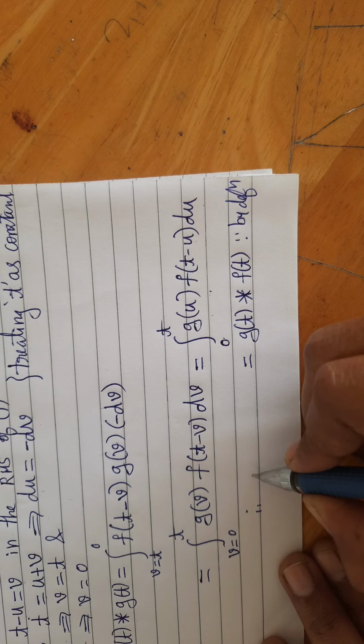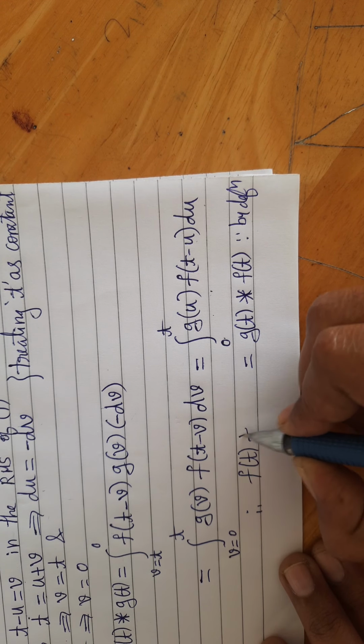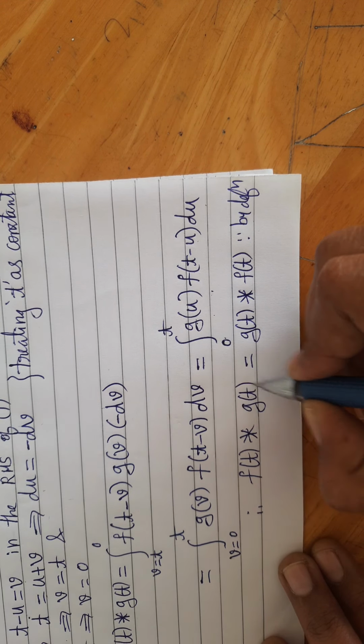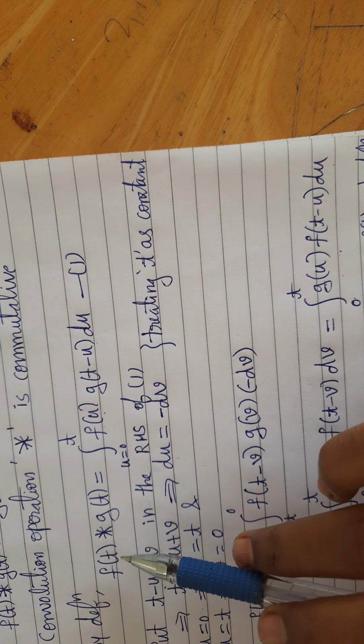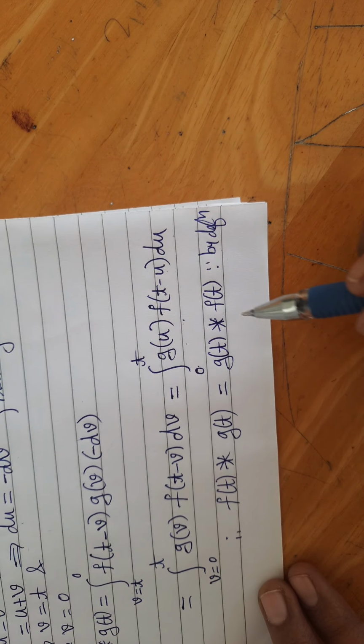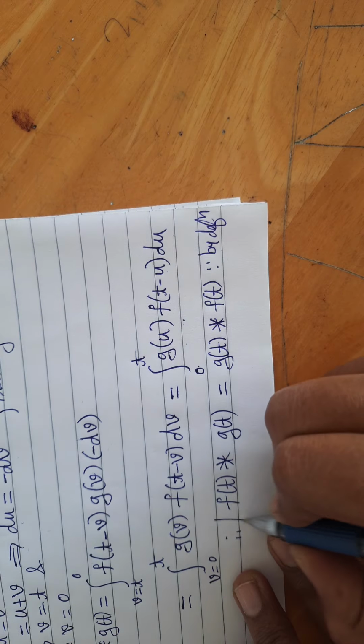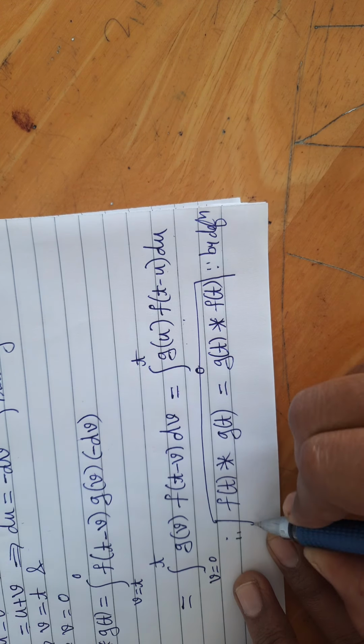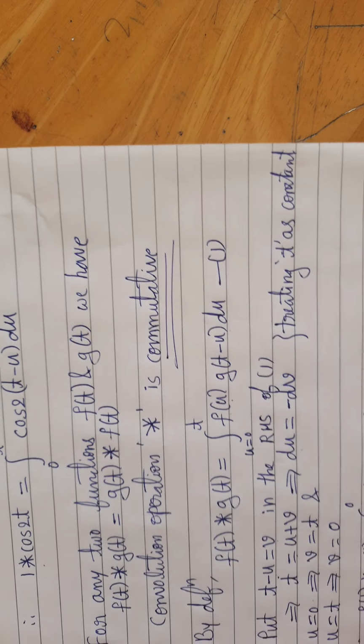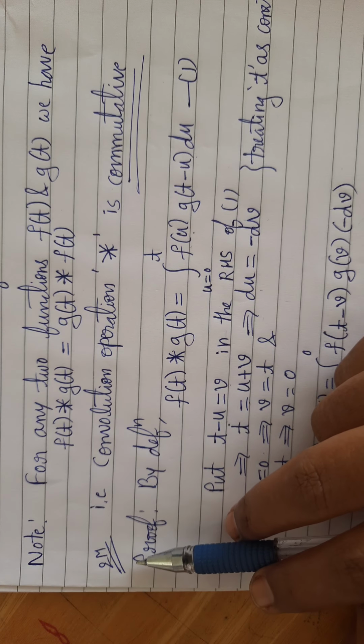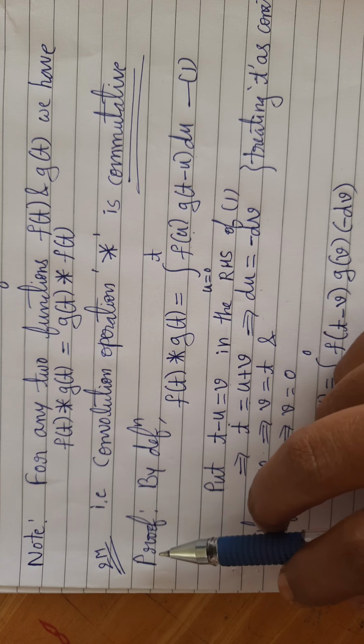Hence we began with f of t star g of t and ended with g of t star f of t. So these two are always equal, meaning convolution of two functions is always commutative. Remember this, for the 2 mark section you may get this type of example.